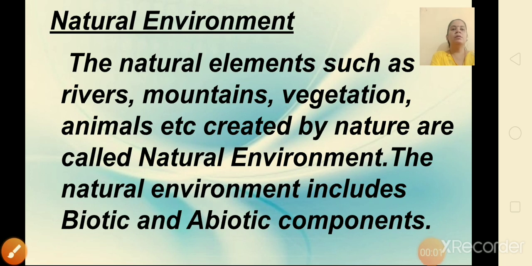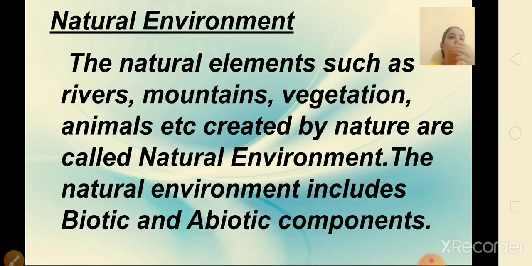So children, we have seen and understood that places, people, things and nature that surround any living organism is called environment. Environment is the combination of natural and human-made phenomena, while natural environment refers to both biotic and abiotic conditions existing on the earth.